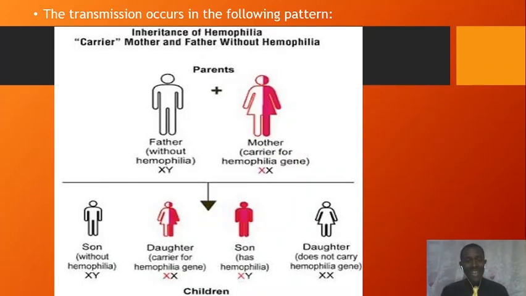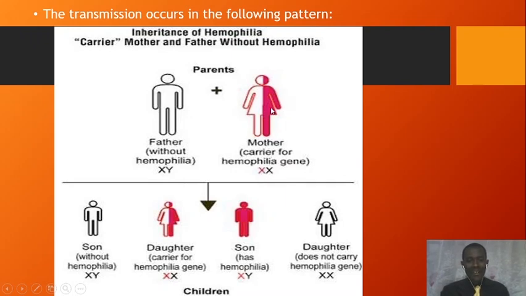In this next slide, you can see a transmission pattern of hemophilia. The father is there. This is the father who has X and Y sex determining chromosomes, while the female has XX.